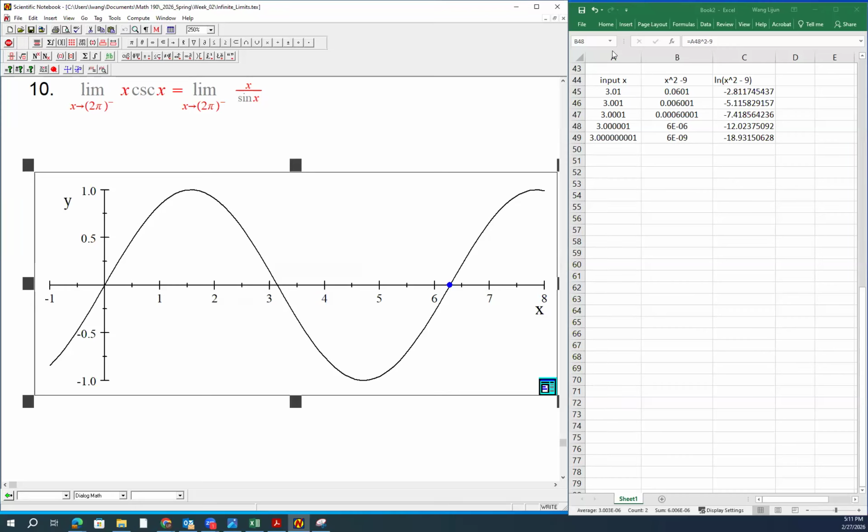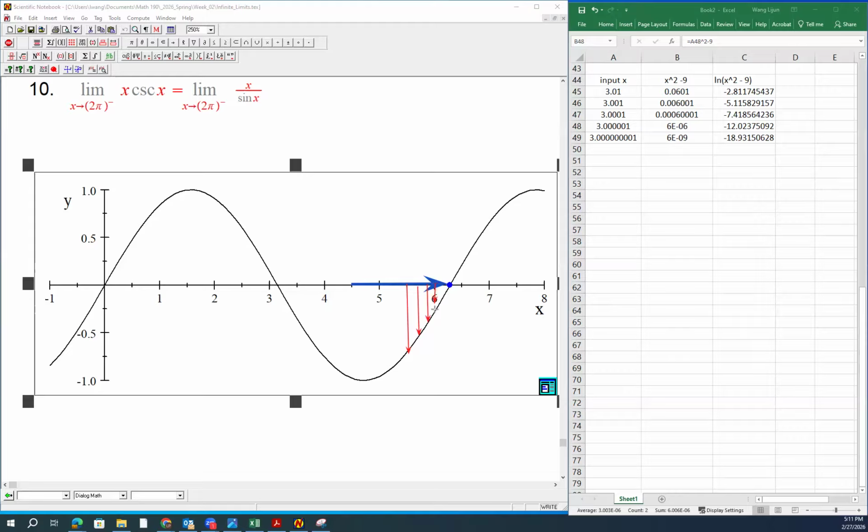So when we are approaching 2 pi from smaller than 2 pi, what happens to the output? The output is going to be approaching 0 from smaller than 0.